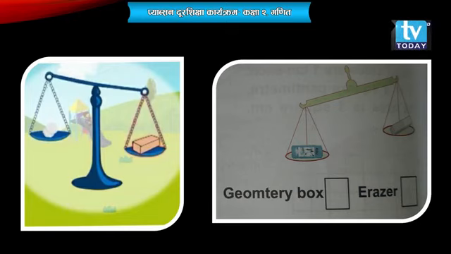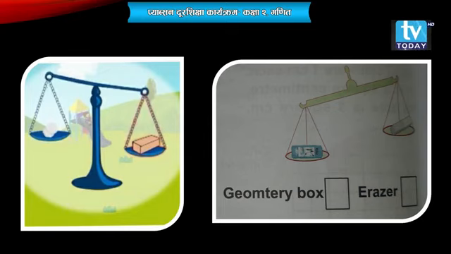Now, next picture, see here? You can measure it also, by taking those two objects in your hands. What is in the picture? On one side there is the geometry box, and on the next side there is the eraser. So, now tell me students, which side do you feel is heavier while carrying?